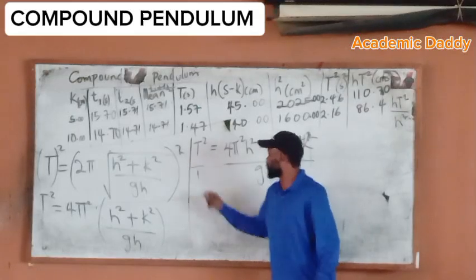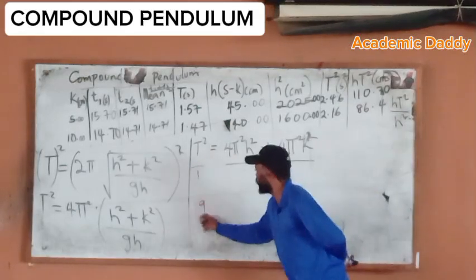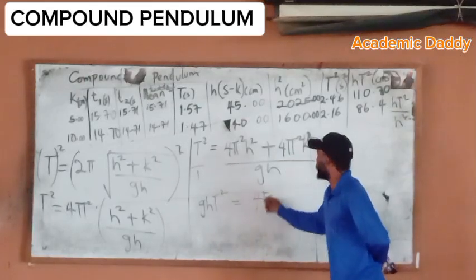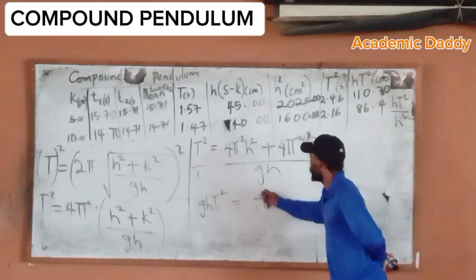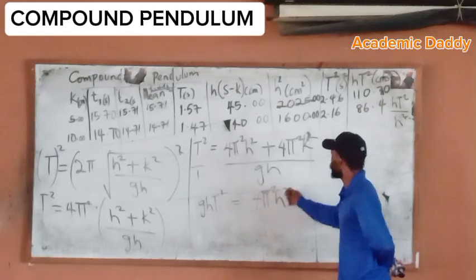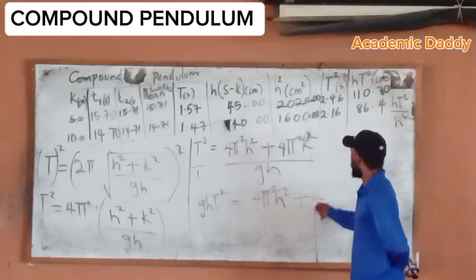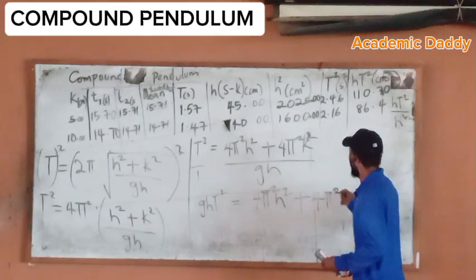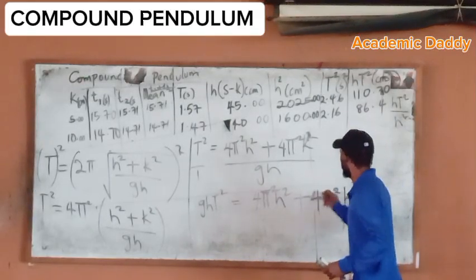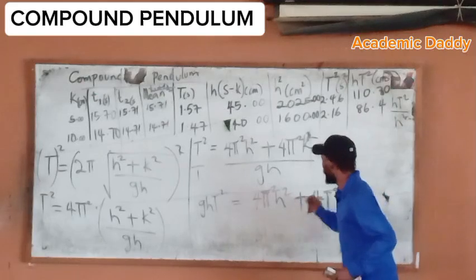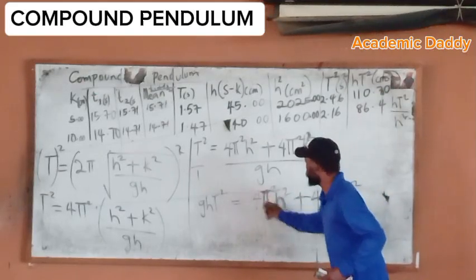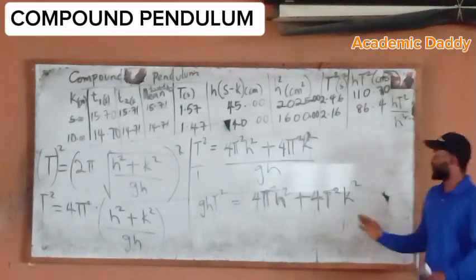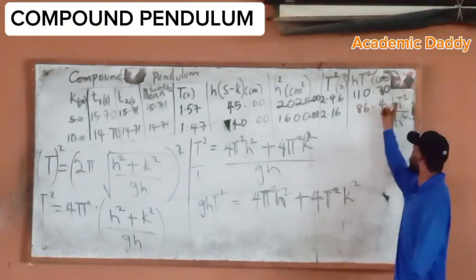Anything crossing the equality sign, this can be defined as saying g h T squared equals 4 pi squared h squared plus 4 pi squared k squared. But for now, what I'm looking for is how to have h T squared over h squared.